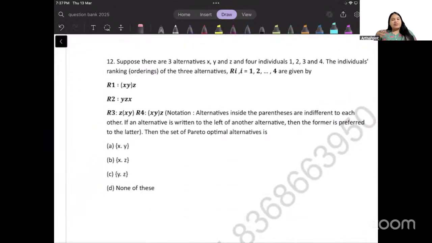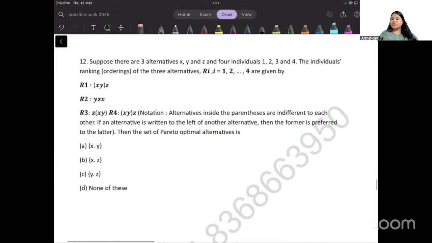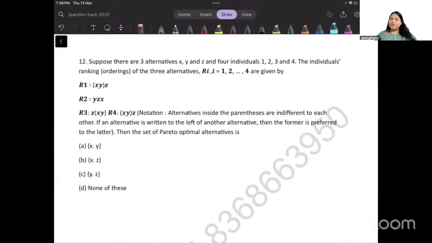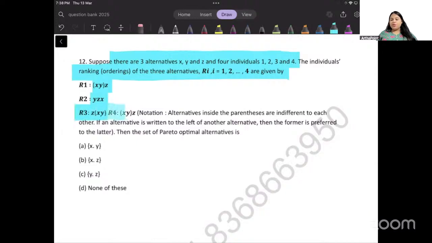Question number 12. Try this better. Suppose there are three alternatives X, Y, and Z and four individuals 1, 2, 3, and 4. Individuals' ranking or ordering of alternatives is given by individual 1 X, Y, Z, individual 2 Y, Z, X, individual 3 Z, X, Y, individual 4 X, Y, Z. Then the set of Pareto optimal alternatives is.